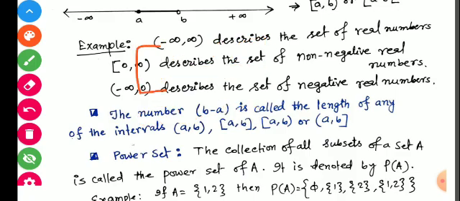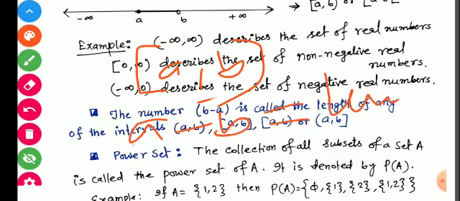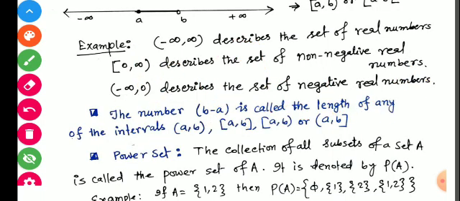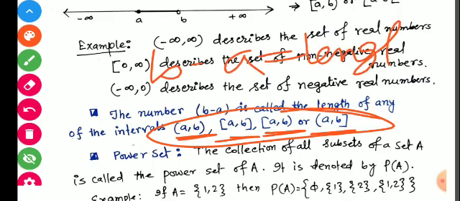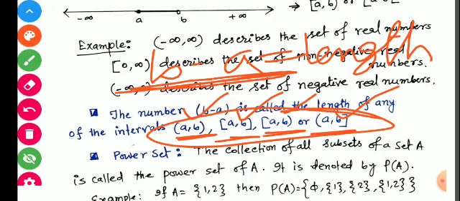Similarly for the semi-closed, semi-open intervals, b minus a represents the length. It is the same for the open interval also. For every interval we have the same length, b minus a.